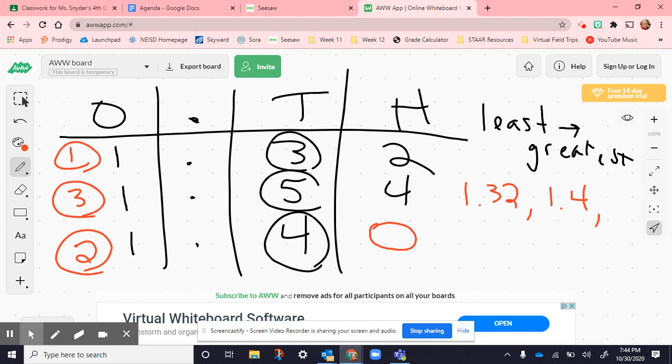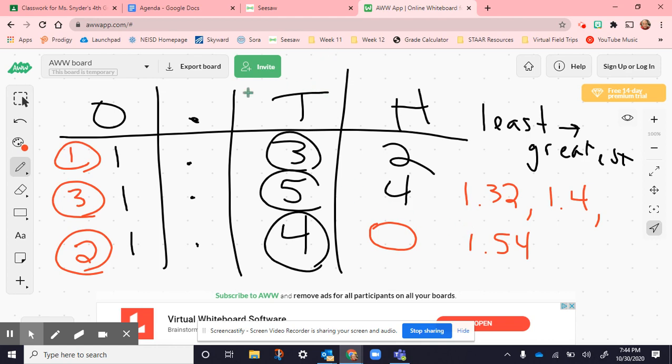So 1 and 40 hundredths is the same exact thing as 1 and 4 tenths, and you can write it either way. In an answer choice, you're going to see it as 1 and 4 tenths like it originally started. You're just adding that 0 to help you. And then the last one, 1 and 54 hundredths. So then that's me ordering them.